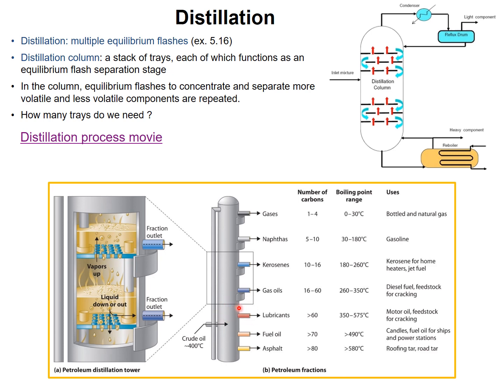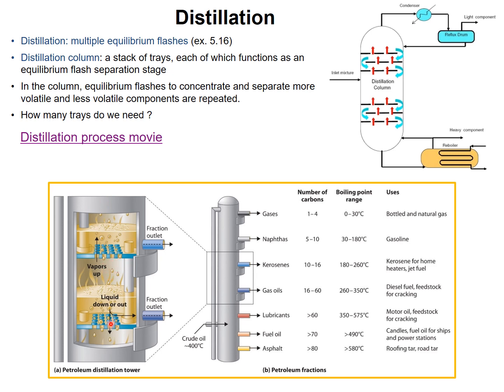Let me magnify some part of the distillation tower. Here we have two stages, and liquid is going down or going out through the fractional outlet, and then vapor is going up. So smaller molecules are going up, and the larger molecules are going down.